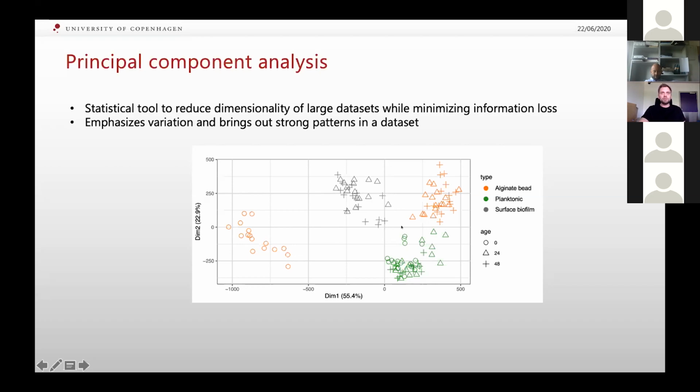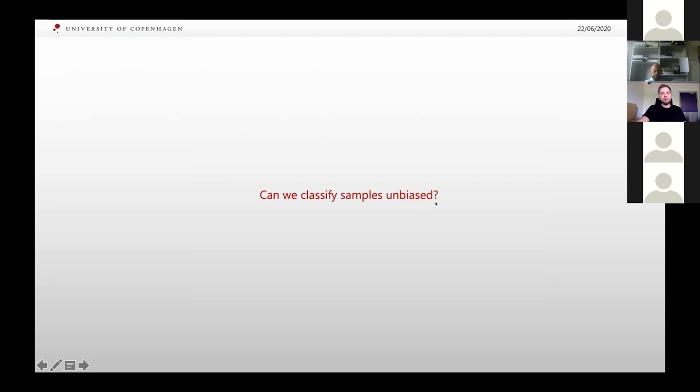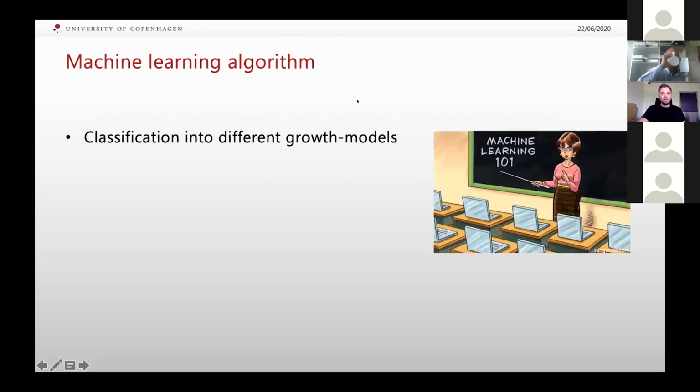So due to this clustering, we asked, can we classify these samples unbiased? So the idea would be to get a machine to say that it belongs to a certain category. So we employed a machine learning algorithm to classify these samples into the different growth models.